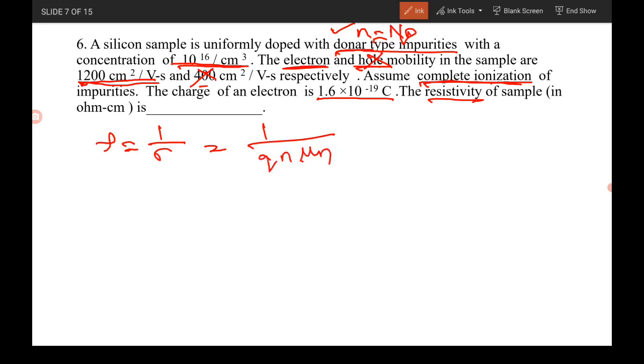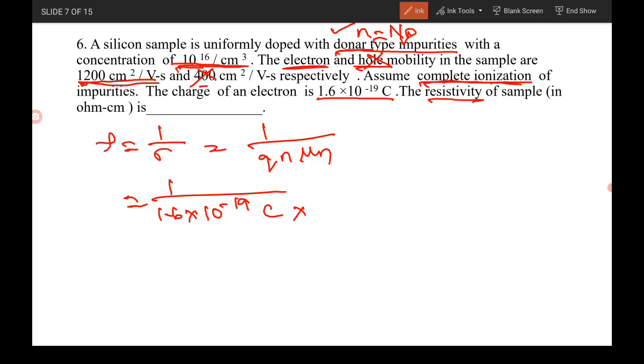What do we mean by sigma here? It is q times n times mu n, so rho is 1 divided by q n mu n. All values are given, so we can substitute. What is q? 1.6 into 10 to the power minus 19 coulombs. What is n here?